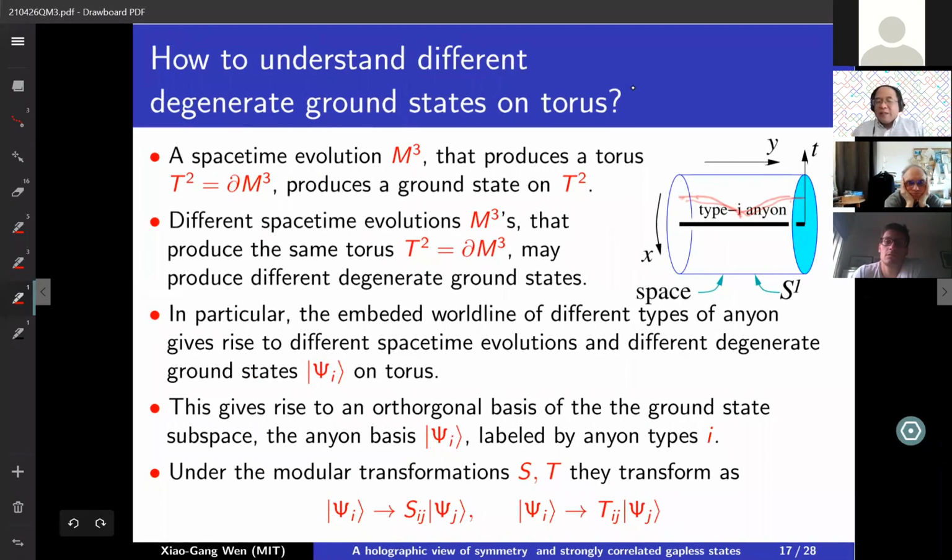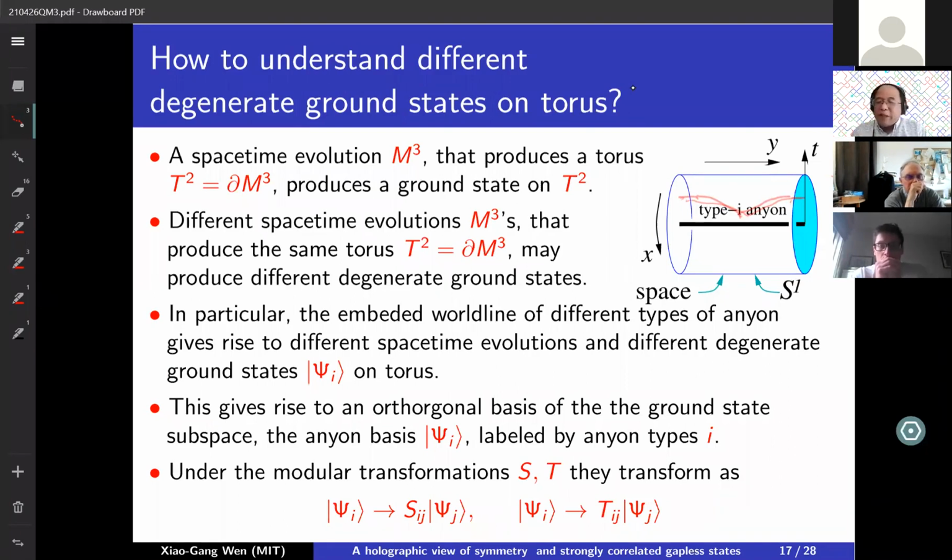When the time evolution involves such anyons, it is a different time evolution, which gives us a different state on the surface. That's how we understand different ground states: they really correspond to different anyons. Actually, there is a one-to-one correspondence between the anyon types and the ground state degeneracy on the torus. So this is how we understand the ground state degeneracy.